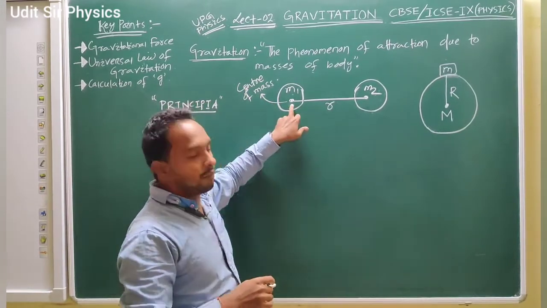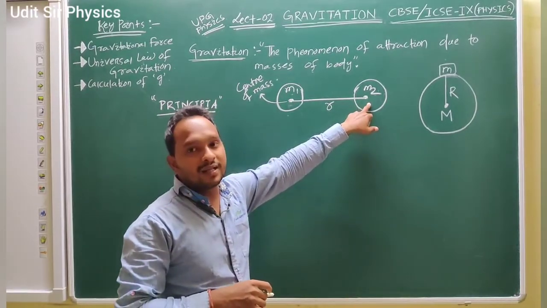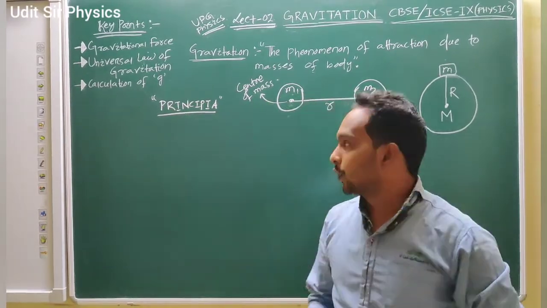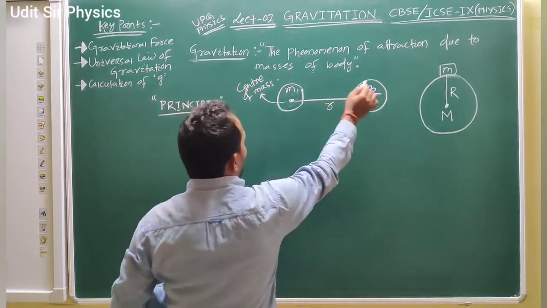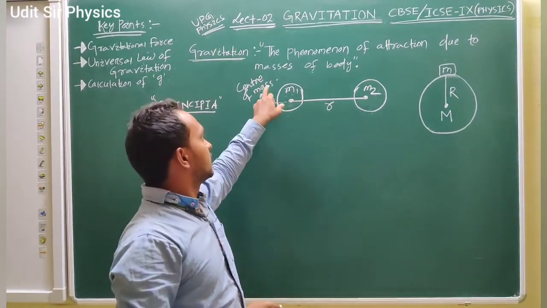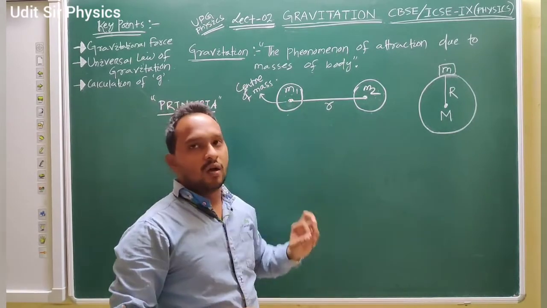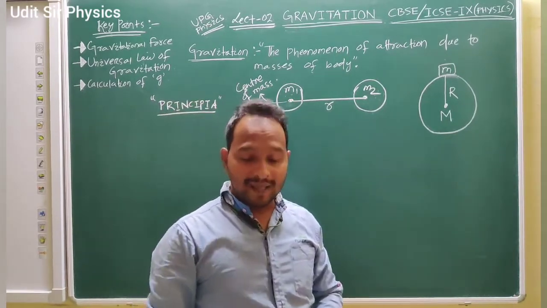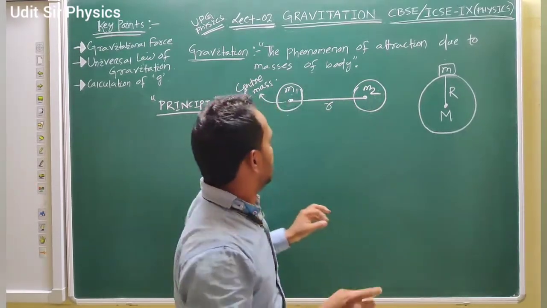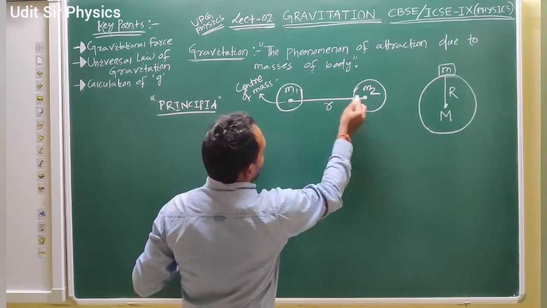The distance is taken from the center of mass of one body to the center of mass of the other body. Here M1 and M2 are two massive bodies we can consider as point masses, with a separation between them.